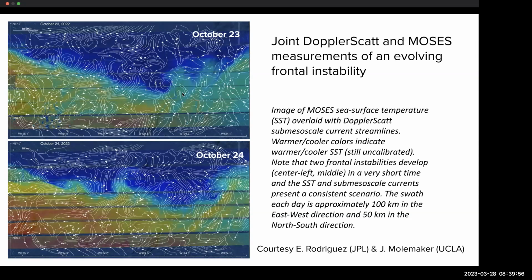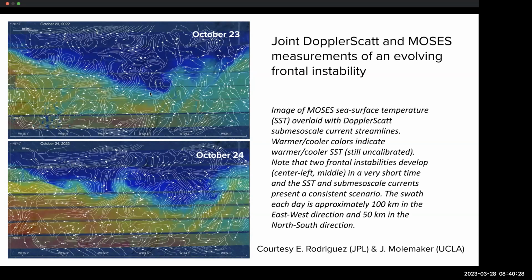So here I'm showing you the submesoscale high-pass filtered currents from DopVis as contour lines, and as a background, we have the wonderful high resolution SST data that was collected by Jerome Mulmaker for the MOSES instrument that was flying at exactly the same coincident time.